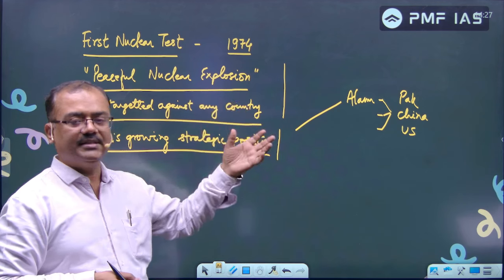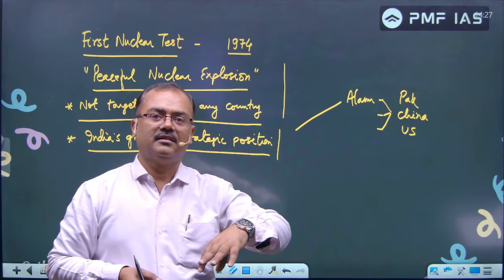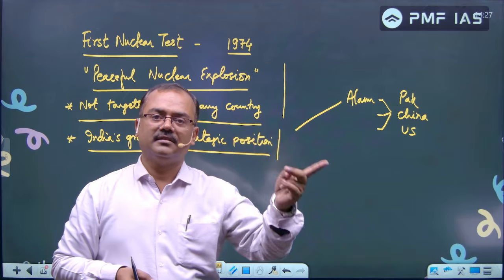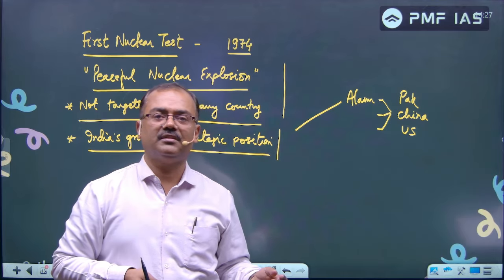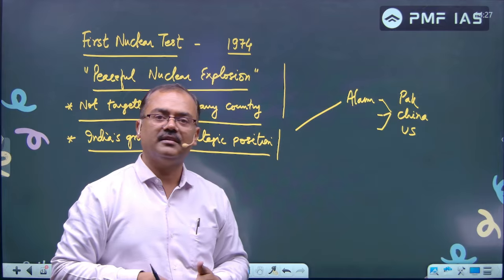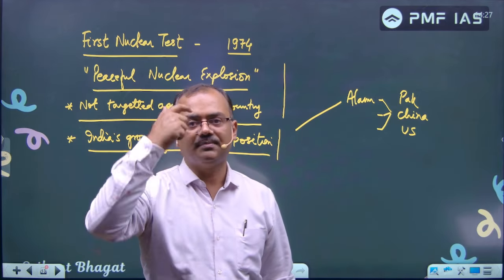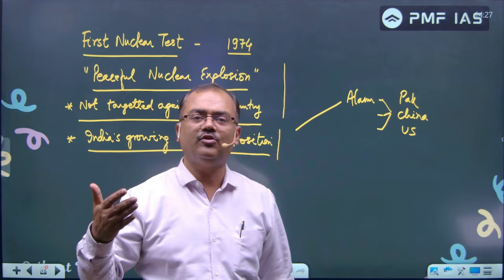Then the US started pressurizing India against nuclear tests in the future, for nuclear disarmament by India unilaterally, saying no right to a non-nuclear state to acquire nuclear power, etc. They started thinking over this subject.